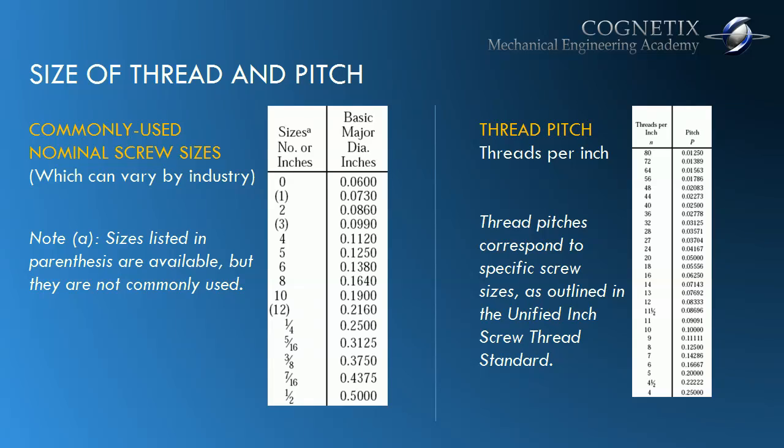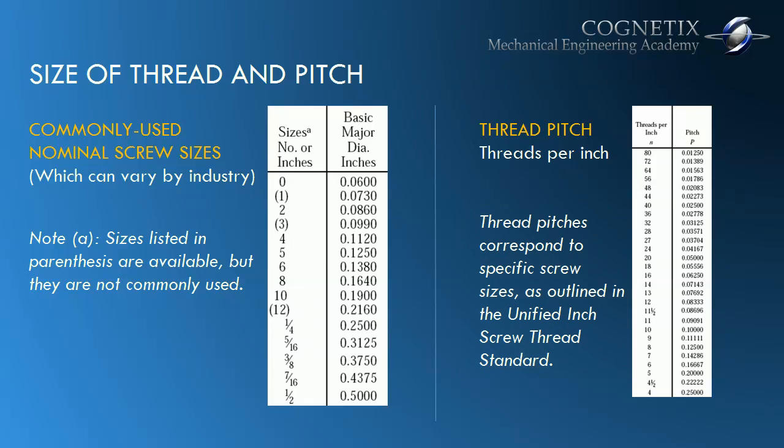Now the pitch, looking on the right side, as we know, is the threads per inch. That table is also a partial list. It's probably not legible to you, but it lists commonly used threads per the standard. We'll talk about this in a little more detail because thread pitches correspond to specific screw sizes, as outlined in the Unified Inch Screw Thread Standard.